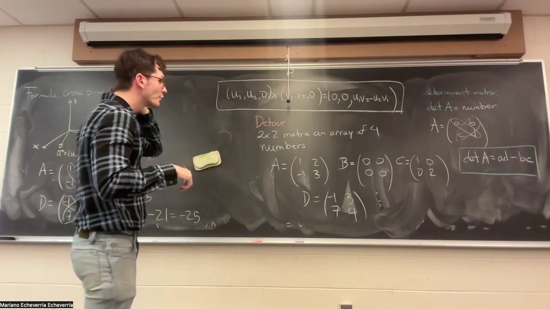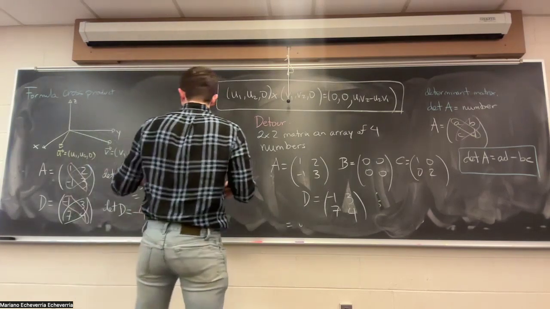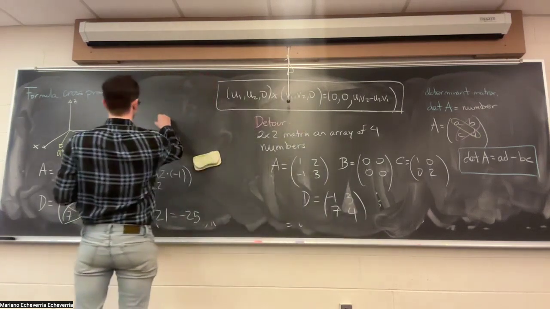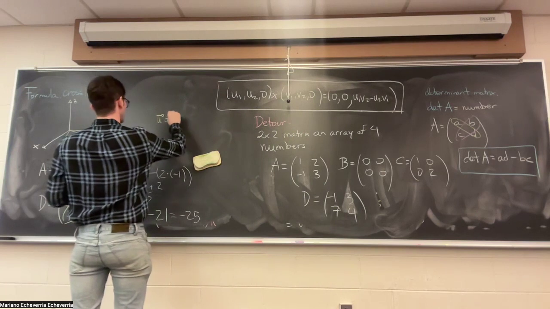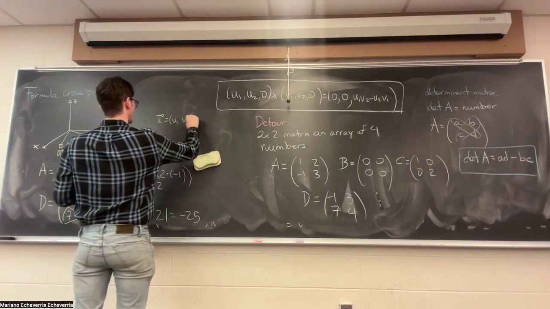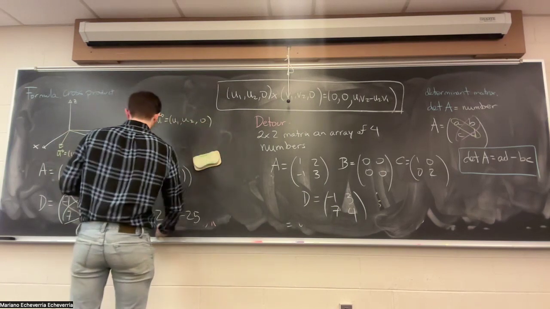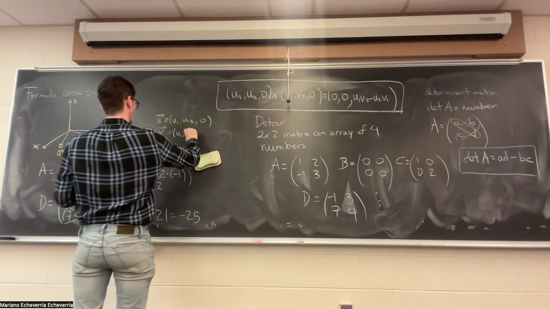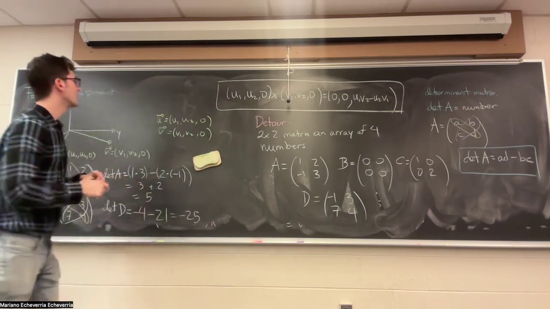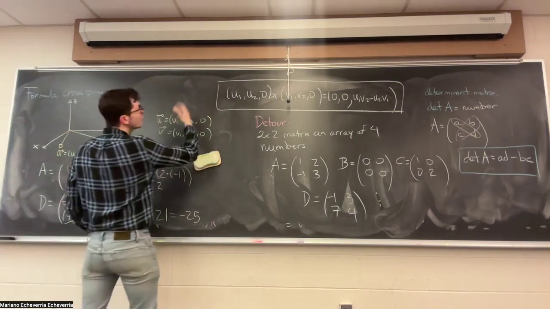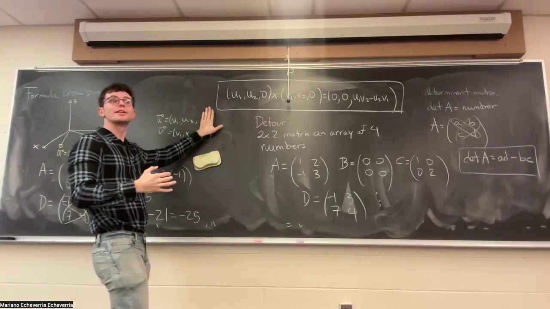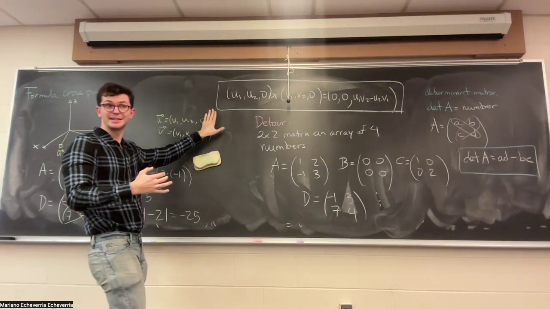So if you look at this formula, if you just ignore the last column because that column is just made out of a bunch of zeros, you do have a 2x2 matrix hidden here, right?